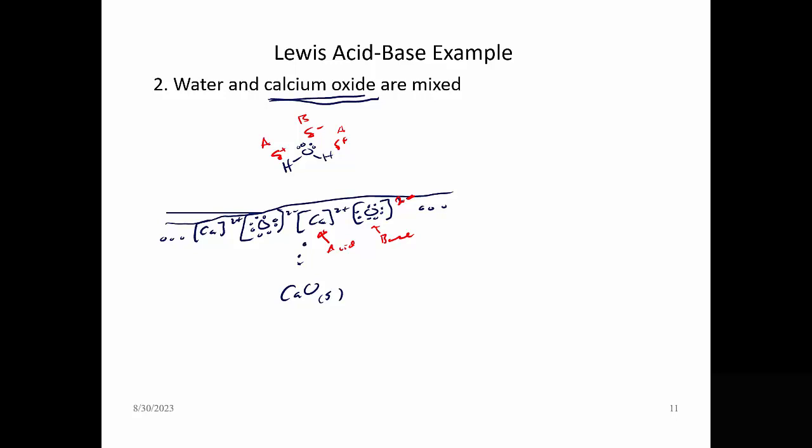Even though the oxygen is more electronegative than hydrogen, because it's still sharing some with the hydrogen, it is less basic than oxide. Right. It's less because electronegativity is 2.1 for hydrogen. Oxygen is like a 3.5.